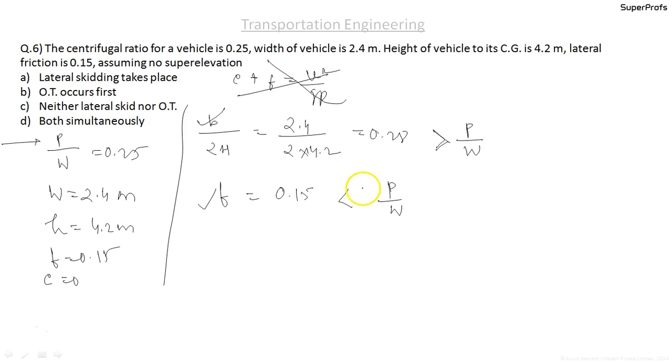So it can be seen that the resisting factor against skid is less than P by W, hence it skids.